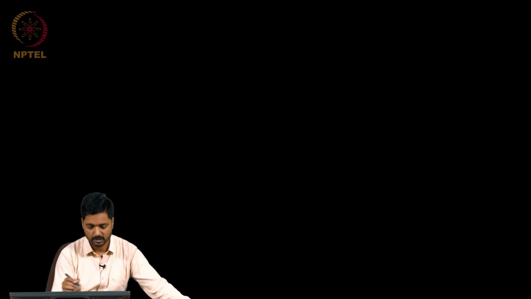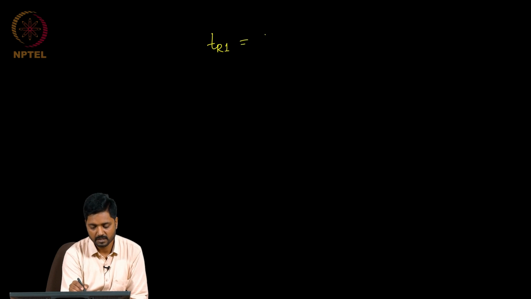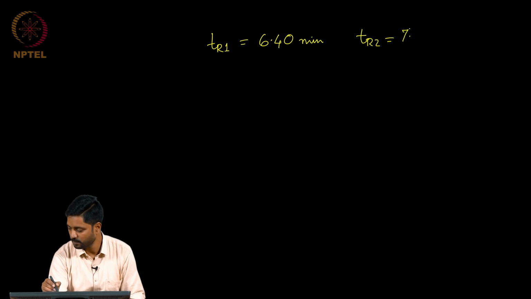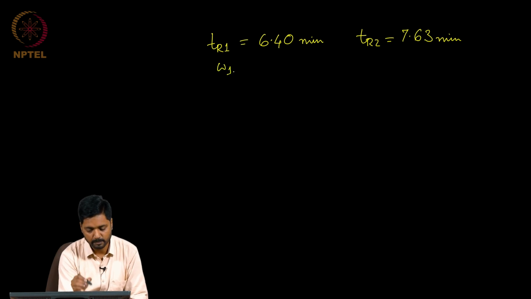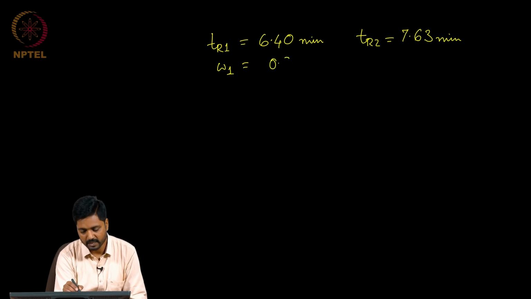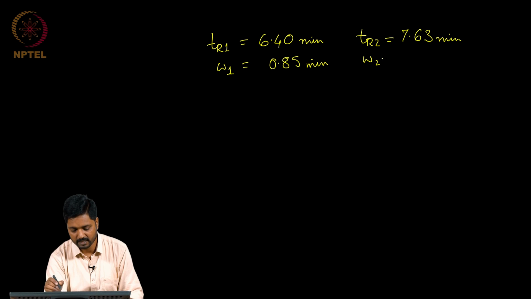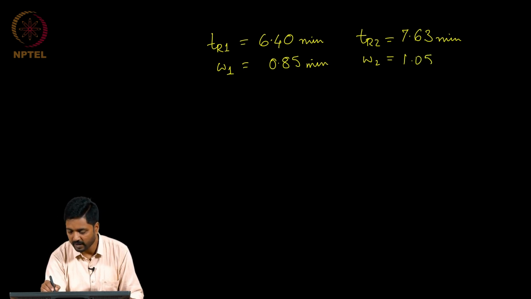So, we have retention time 1 is given as 6.40 minutes, the retention time 2 is given as 7.63 minutes, the width at the base for peak 1 is given as 0.85 minutes, and finally, the width at baseline for the analyte 2 is given as 1.05 minutes.